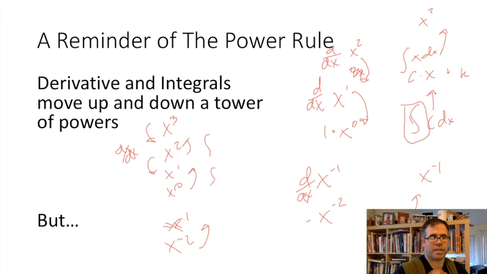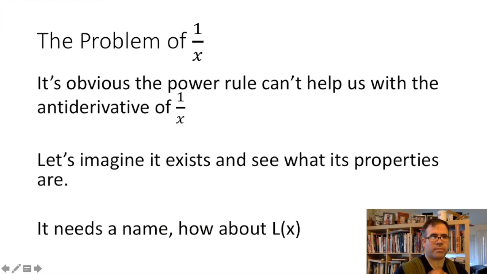But there's a problem. It doesn't work for x to the negative 1, which is also written as 1 over x. The power rule can't help us with the antiderivative. Let's try it. If we want to take the integral of 1 over x dx using the power rule, this is x to the negative 1 dx.